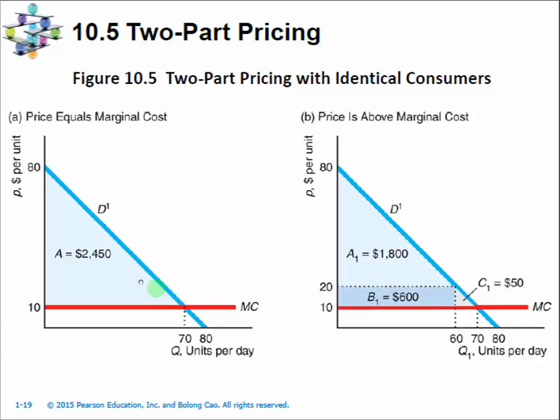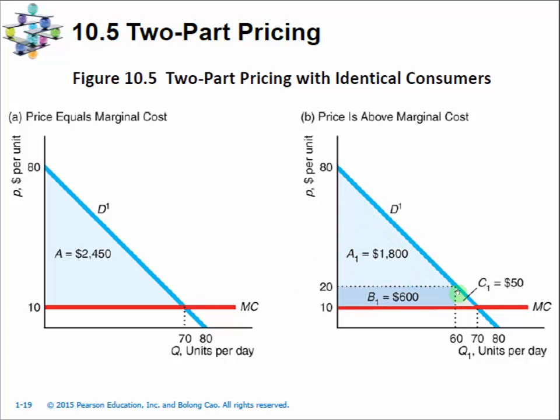With an excess fee of the complete consumer surplus, we do extract this little triangle here. But with a unit price that is higher than the marginal cost, we can no longer extract this little triangle here. We can only extract the $600 on the quantity sold and this $1,800 in the consumer surplus as the excess fee.